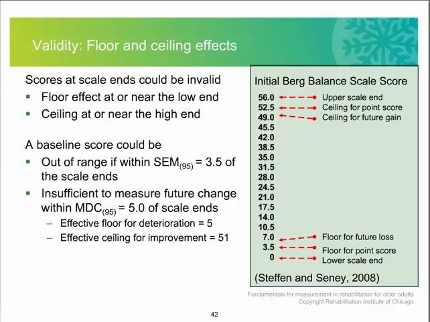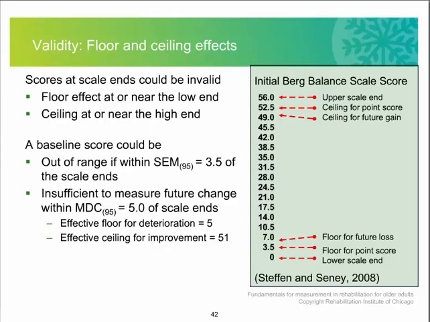When interpreting change, we also need to revisit the scale range. The floor and ceiling effects for patients, similar to the subjects from the study from Stefan and Seni in 2008, are a little more substantial for change scores than they are for single time point scores. The MDC on a 95% confidence interval is about 5 points.